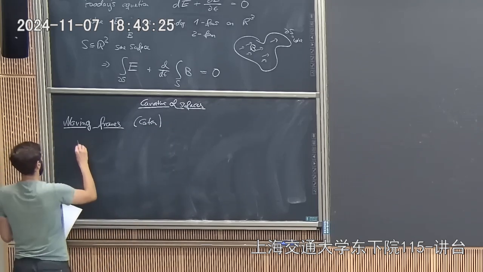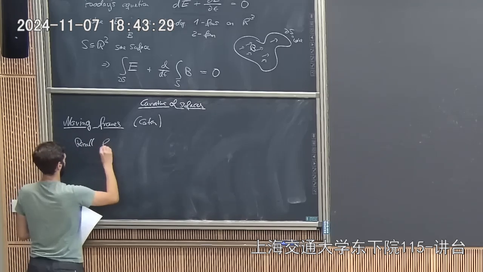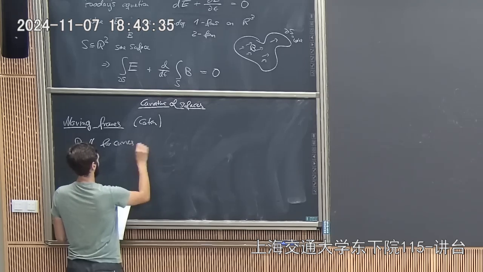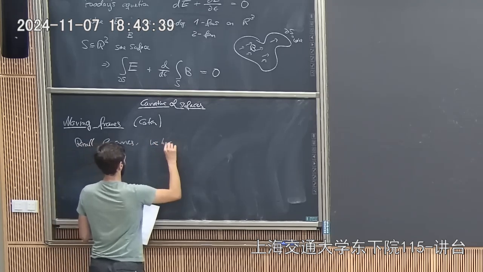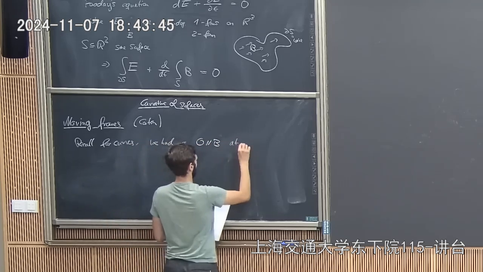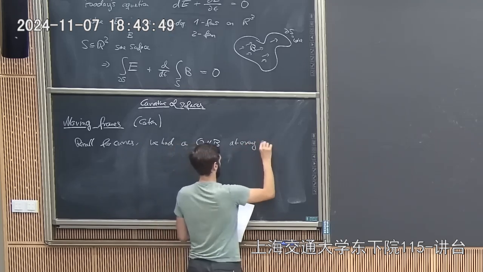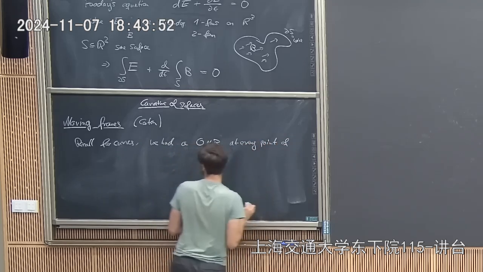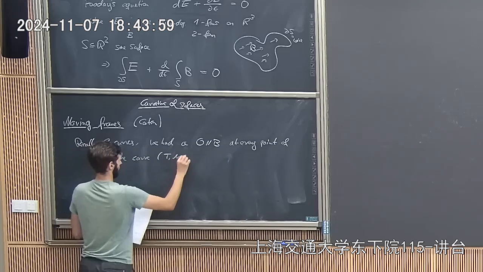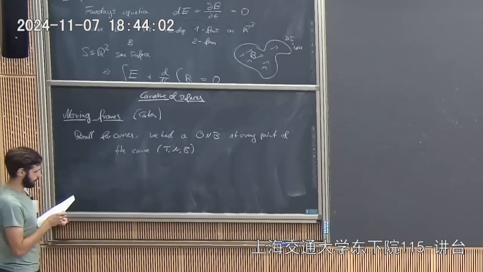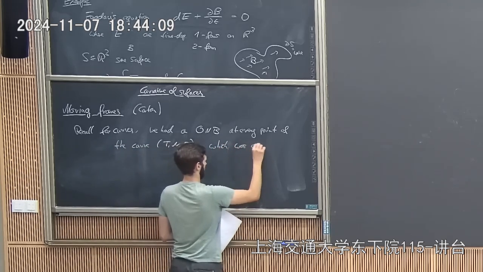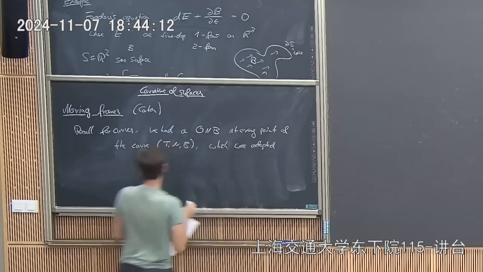So we recall that for curves, we had an orthonormal basis at every point of the curve, that was T and B in general, which was adapted to the curve.